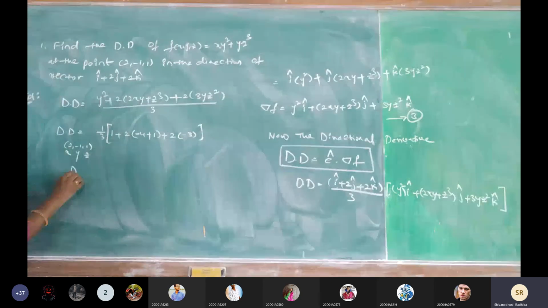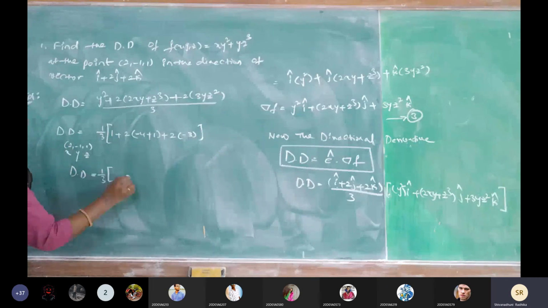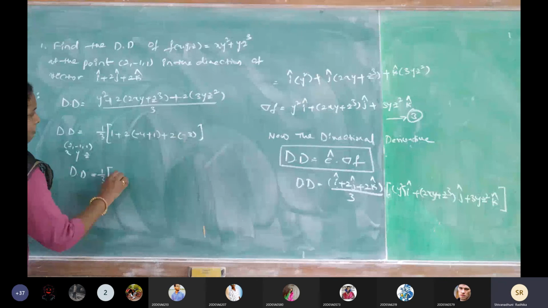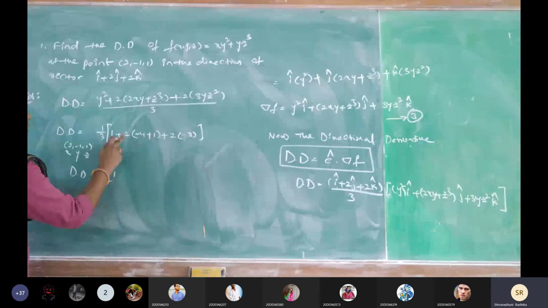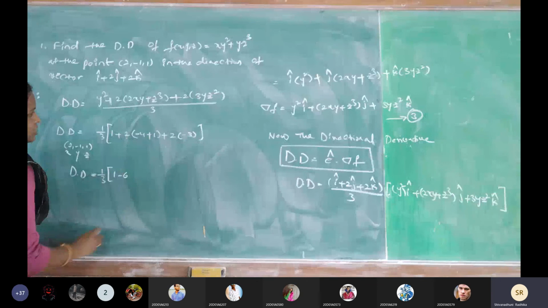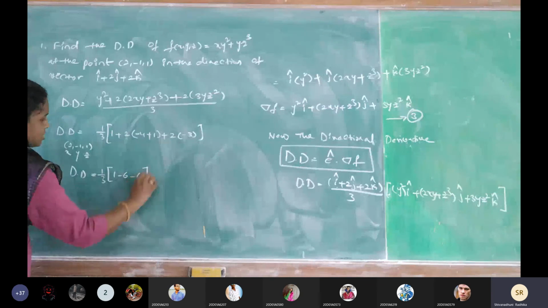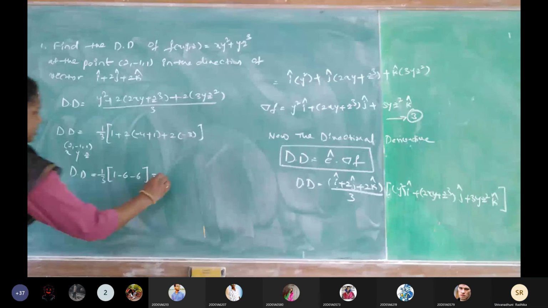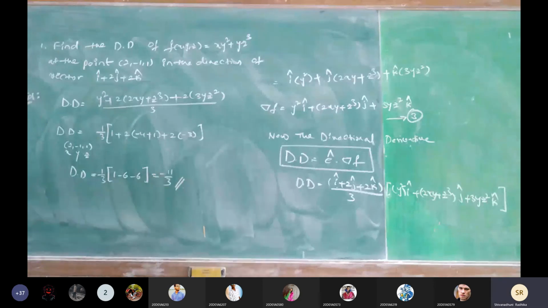Okay, so the directional derivative at the point (2, −1, 1) is equal to 1 by 3 into −6, 1 minus 3 into plus 2, −6, and here also −6. So what is the value? −12, −11 by 3. Is it clear?